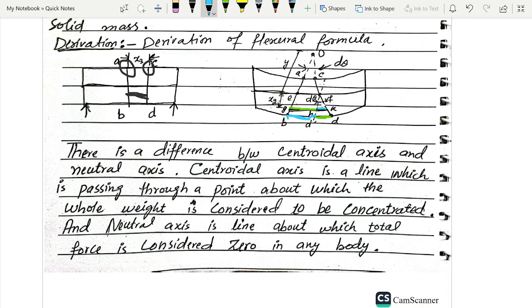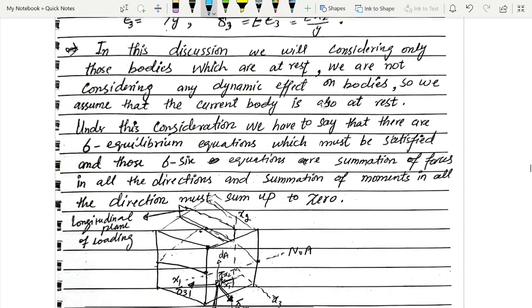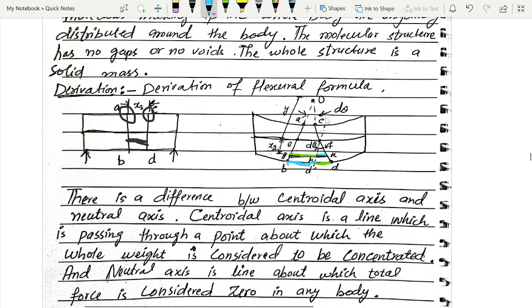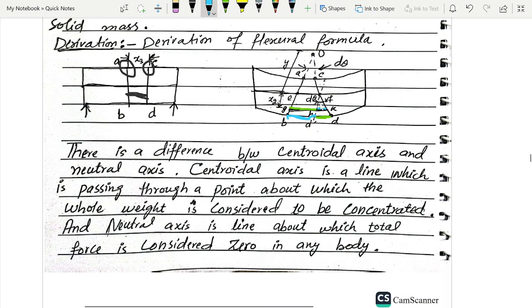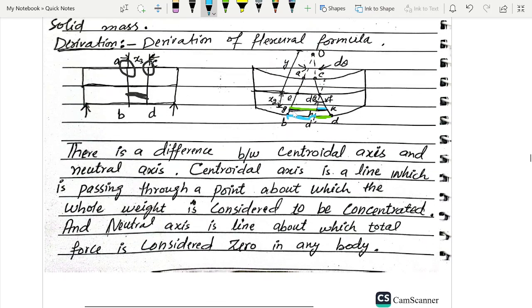Here we are using the formula s equals r theta. So this will be equal to d theta times x2, divided by the original length. This is the change in length, and GH is the original length.